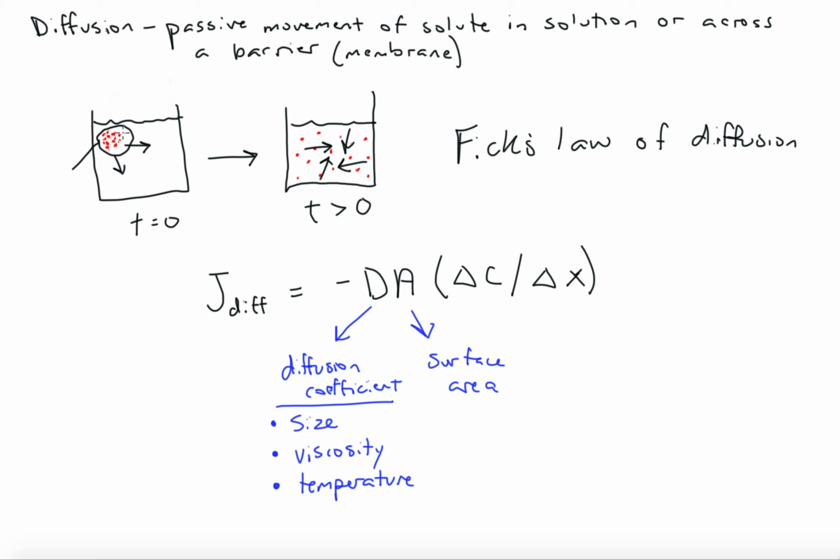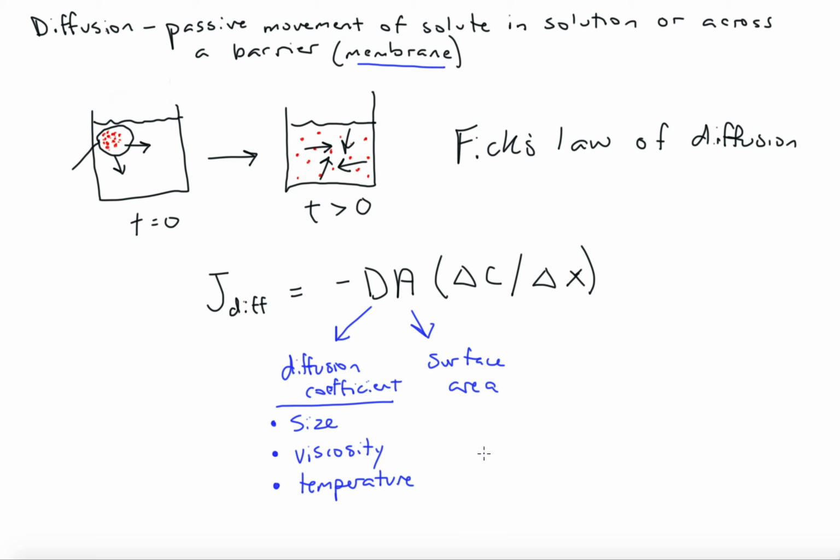With a certain amount of fresh water around it, non-dye containing water. It'll be a little easier to understand when we have a membrane, right? We'll talk about that in a minute, right? Because we said up here at the top that we could also have diffusion across a membrane, in which case that membrane has a very much easier to comprehend surface area, right?